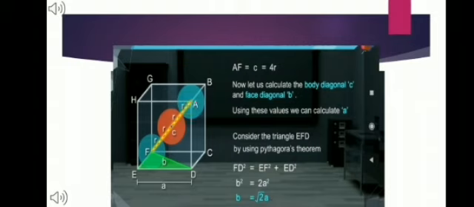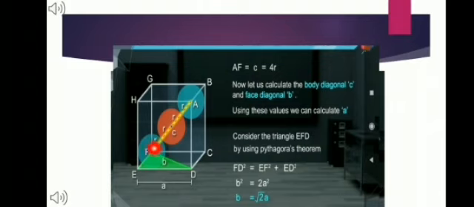Let A be the edge length of the cube and R be the radius of the sphere. The body diagonal AF is equal to C and the face diagonal FC is equal to B. Then AF is equal to C, that is equal to 4R.